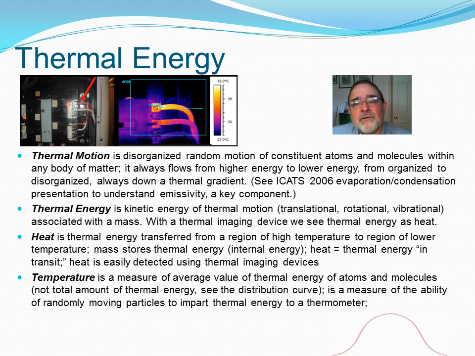Temperature is the measure of the average value of the thermal energy of atoms and molecules, not the total amount of thermal energy in a system. Look at the distribution curve below here. What most people don't realize is, let's say you have a glass of water that is 70 degrees Fahrenheit. What does that mean?